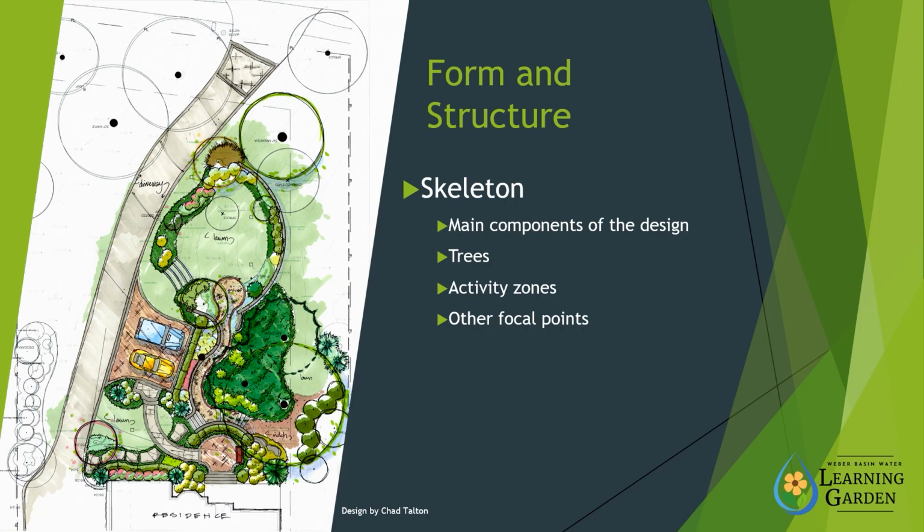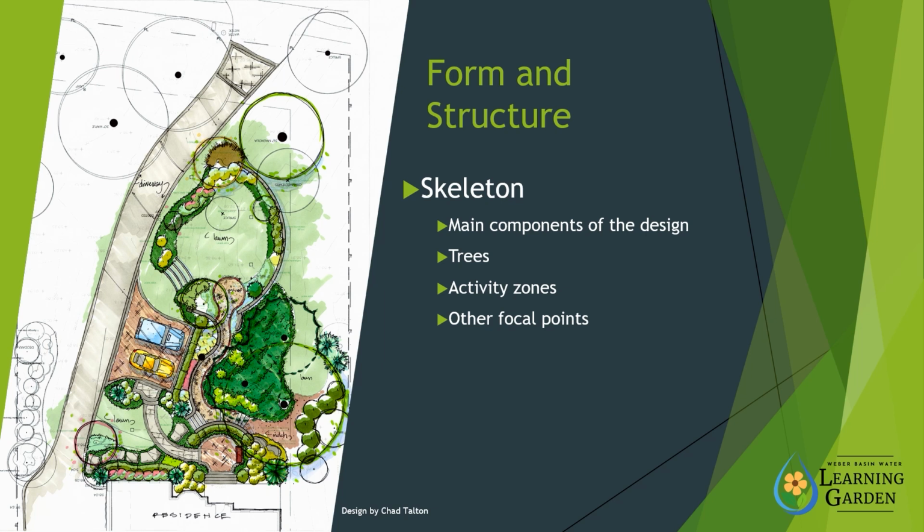When it comes to the placement of elements in your design, it's really important to think about what you want your yard or your project to really emphasize, and what are the more important parts of your design. And so I like to think of it in three different parts.